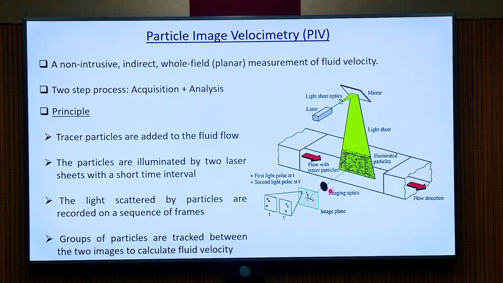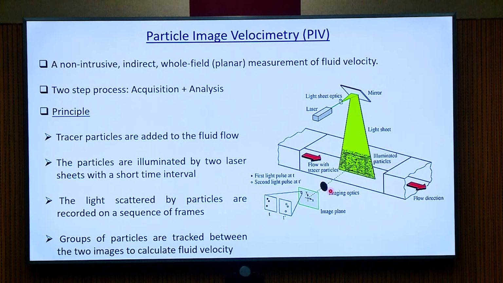Basically we track, you can say, group of particles in one image to the other image, and that gives the velocity of the group of particles, not even individual particles. Okay, so this is the basic principle of PIV. So this may sound very simple, okay, but execution of the technique requires very careful thought.